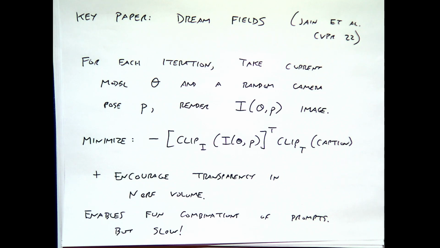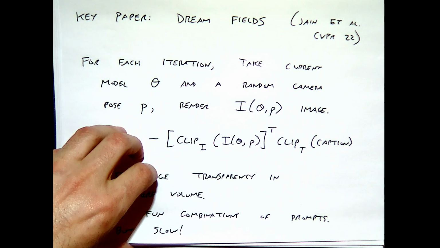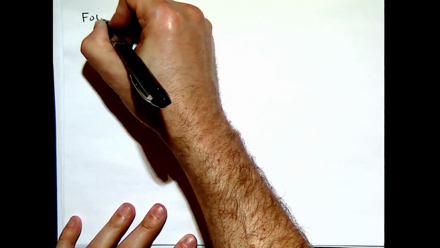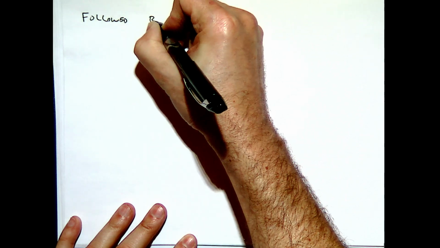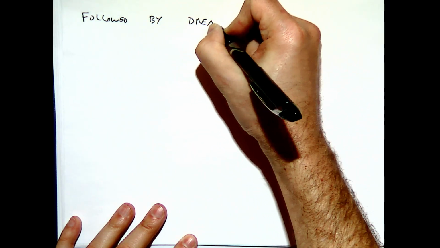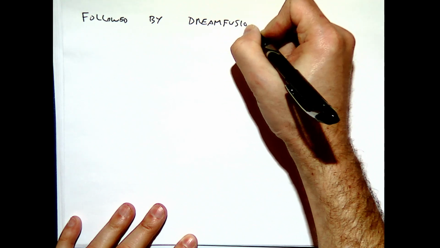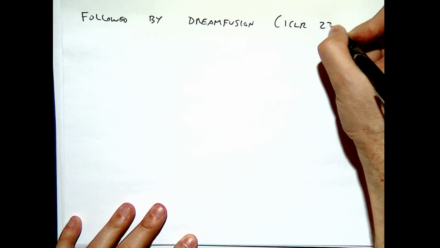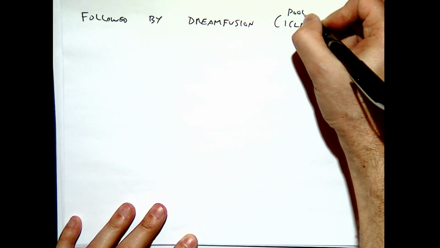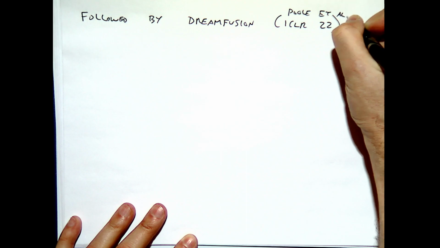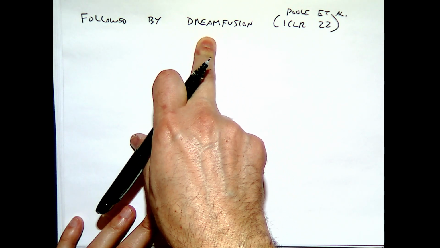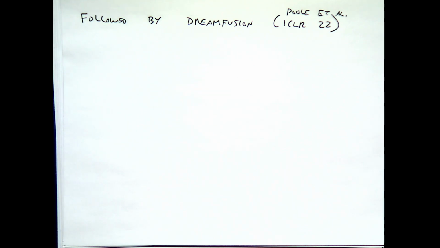This was followed by another cool algorithm by many of the same people called Dream Fusion. This was in ICLR last year by Poole et al. And so the big difference between Dream Fusion and Dream Fields is that the CLIP piece is replaced by a different loss function.